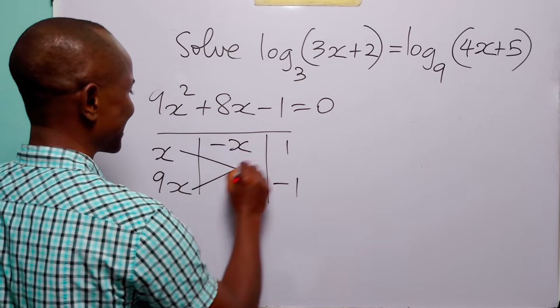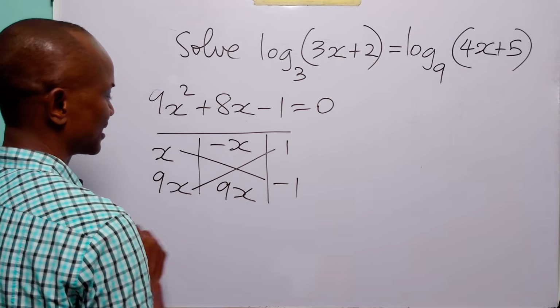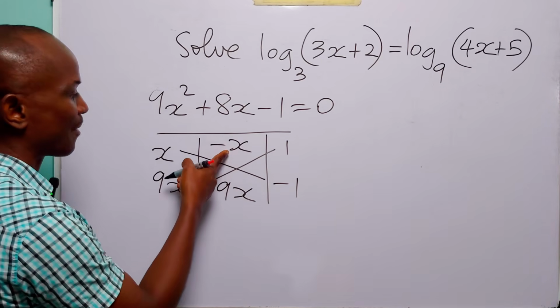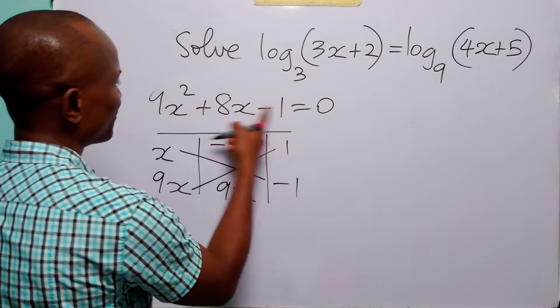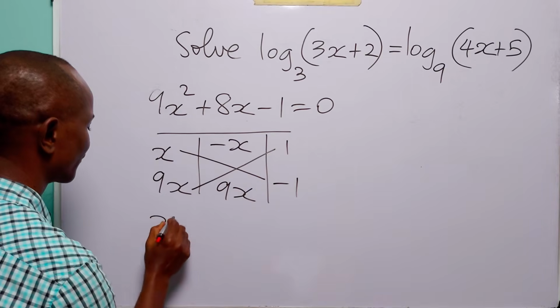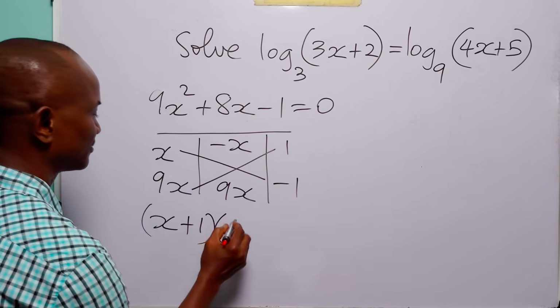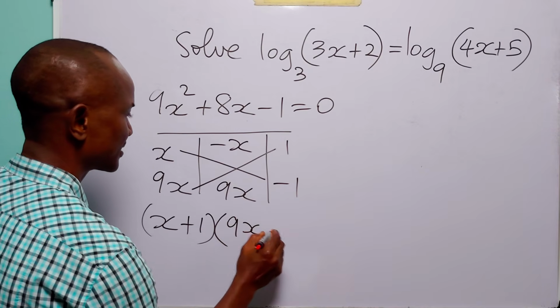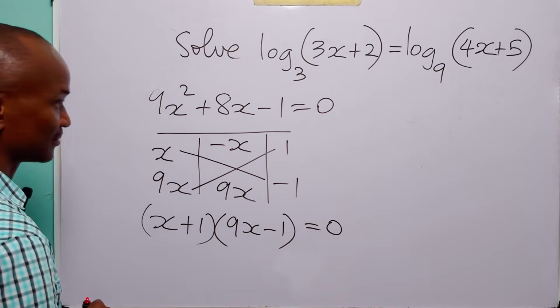And when we multiply 9x by 1, we have 9x. And 9x minus x is equal to 8x. So when we factorize this quadratic equation, what we have is x plus 1 multiplied by 9x minus 1 is equal to 0.